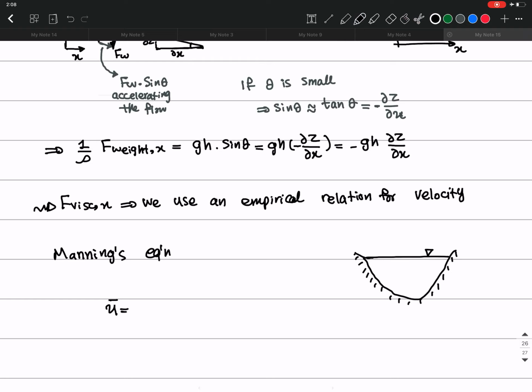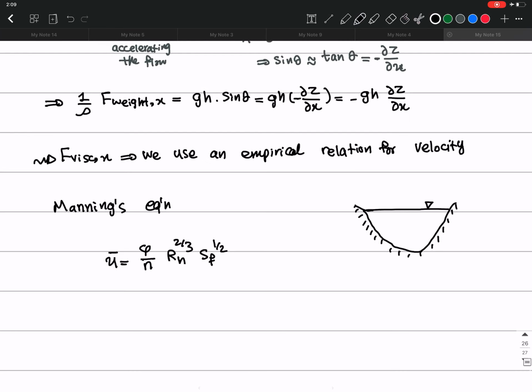So they measured the velocity, and then they found this relation for the velocity in a channel, which is phi over n, hydraulic radius RH to power 2/3 times square root of SF.